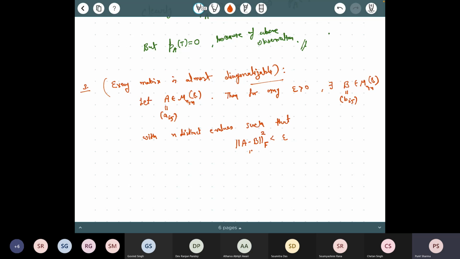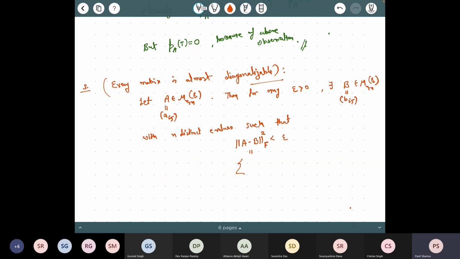You remember what the Frobenius norm is? The Frobenius norm of A is the square root of the trace of A star A. It is the same as saying that you take the sum of squares of the absolute value of each entry and then take the square root. It's the same thing.